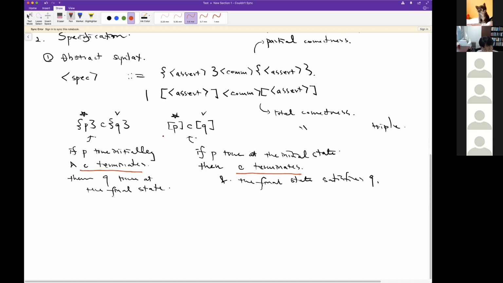And often just focusing on partial correctness gives nice proof principles, and proving partial correctness really helps us find all sorts of bugs in a program. Okay, so that's the syntax. Now let's make the intended meaning of the partial correctness triple and the total correctness triple more formal by semantics.